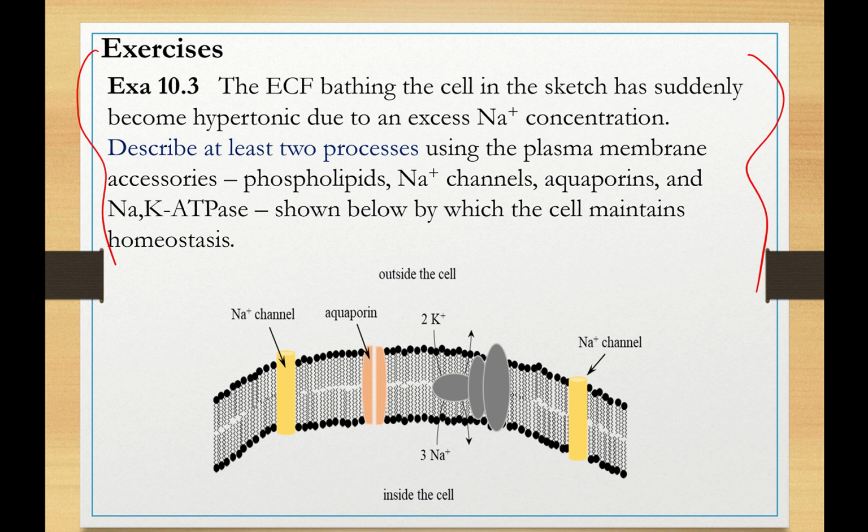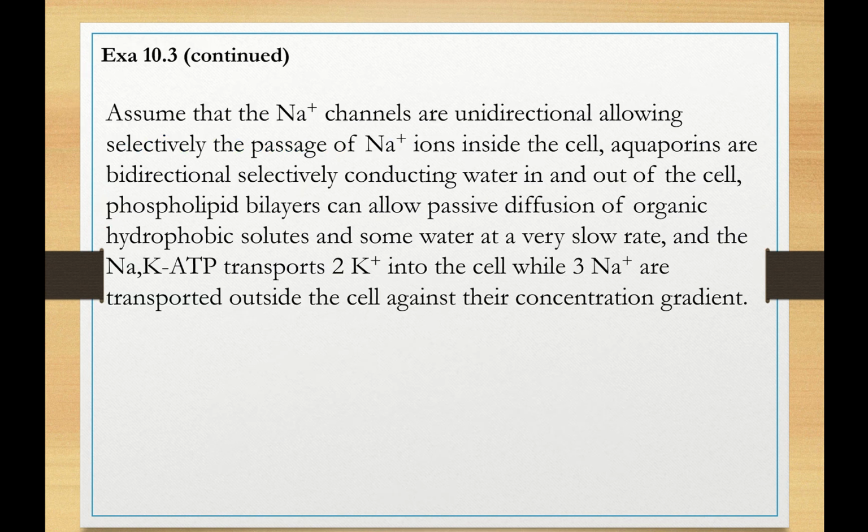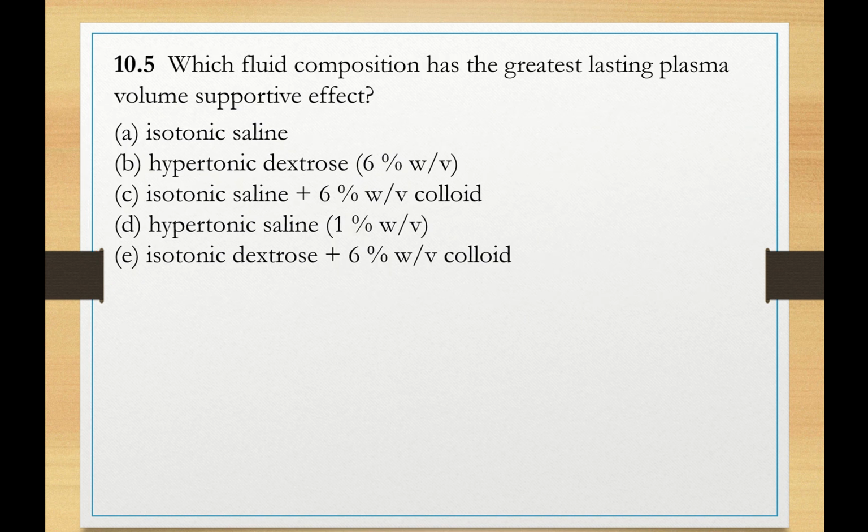Some more information is written here for you regarding the transporters. And here, which fluid composition has the greatest lasting plasma volume supportive effect? This is about plasma volume, which one has the capacity to increase plasma volume. Obviously, compositions that include compounds or molecules that can get inside the cells are not good candidates.